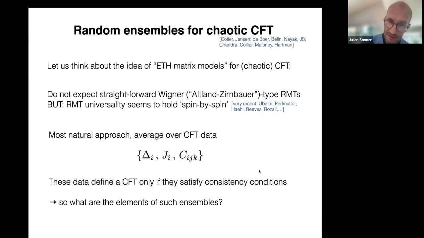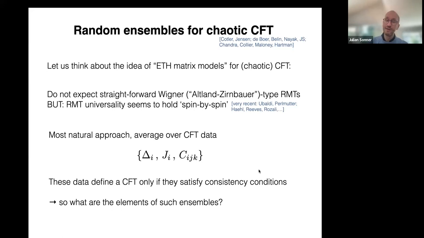But then, of course, it's not true that any list of delta_i and j_i and C_ijk will give you a consistent CFT. In fact, these data define a CFT only if they satisfy consistency conditions, namely the bootstrap conditions. So you have to have a convergent OPE in some channel, and you have to have certain crossing constraints that the n-point functions need to satisfy.